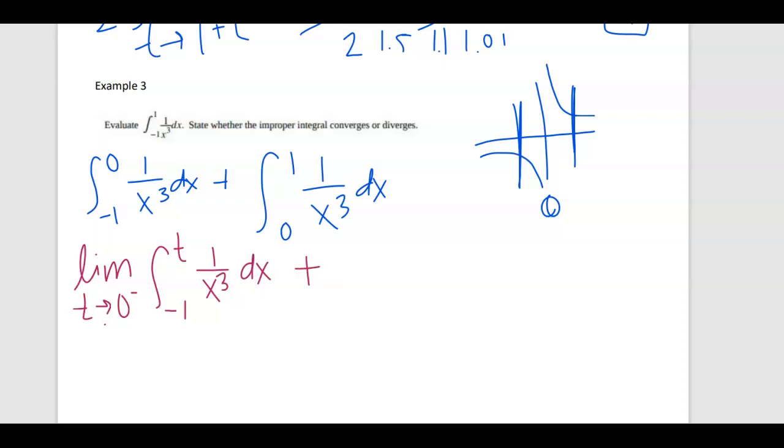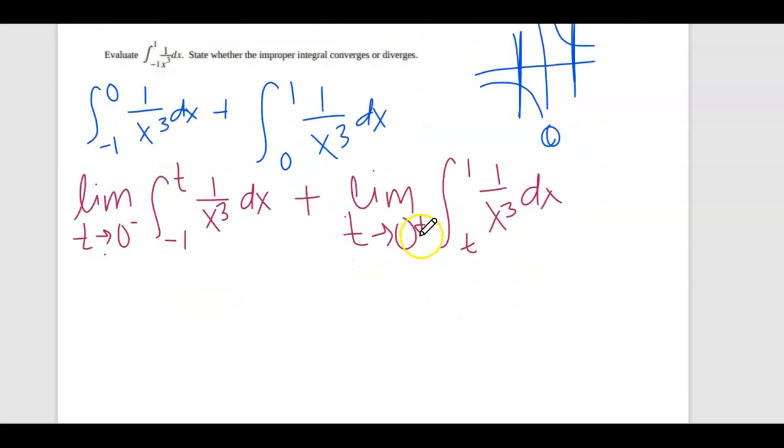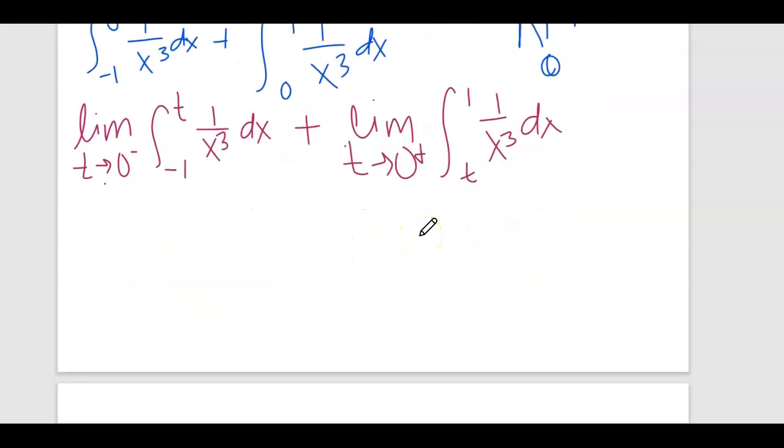And then I'm going to choose t again, but I'm going to 0 from the right. And I'm going to evaluate these separately from here on out, and then I'm going to plug them back in with the sum. So on this side here, I have x cubed, that's x to the -3.